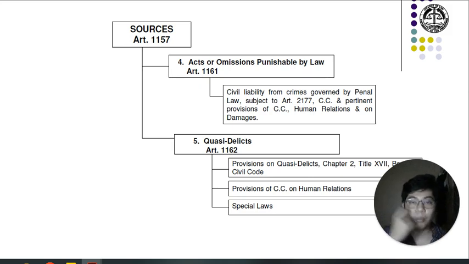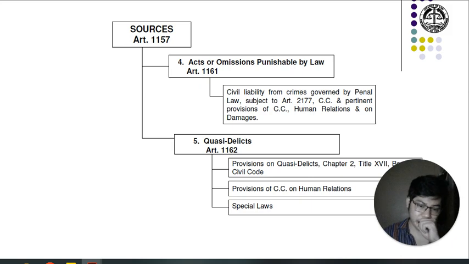Okay, next is obligations arising from quasi-contract. So basically, what is a quasi-contract and what are the governing laws on quasi-contract? I think this was also given to you in your book that under Article 1160, obligations derived from quasi-contracts shall be subject to the provisions of Chapter 1 of this book, which is the Civil Code.